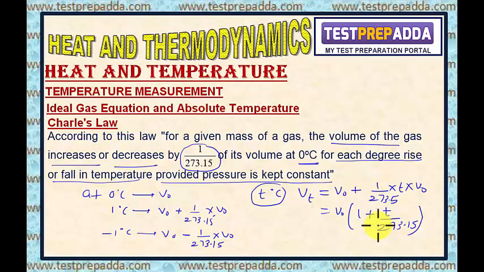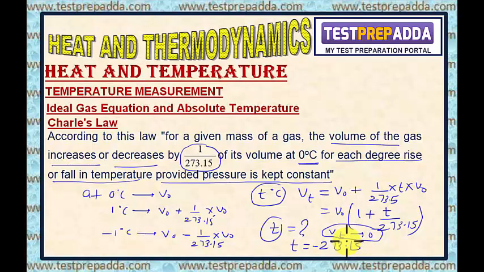Now if I ask you at what temperature this term becomes 0. It's very easy. If I write T is equal to minus 273.15, then this term will become 1 minus 1, and that is why volume becomes 0. Now, you cannot imagine a negative volume.